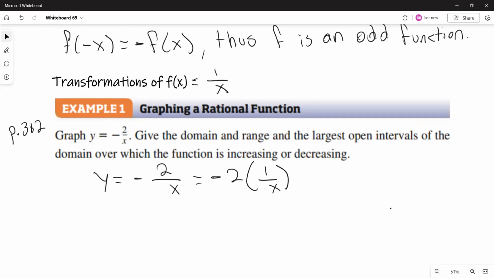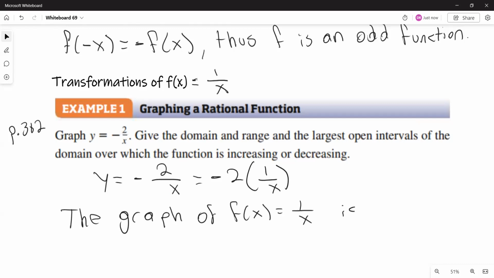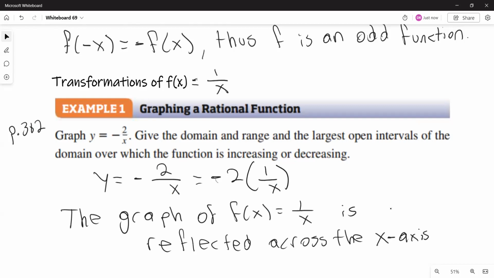So the graph of 1 over x was reflected with the minus sign. We know that it was reflected across the x-axis, and it was vertically stretched by a factor of 2.